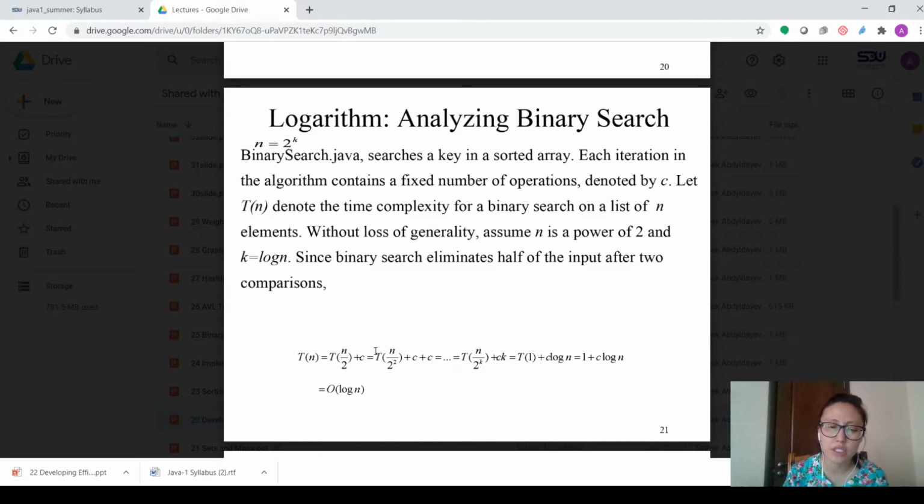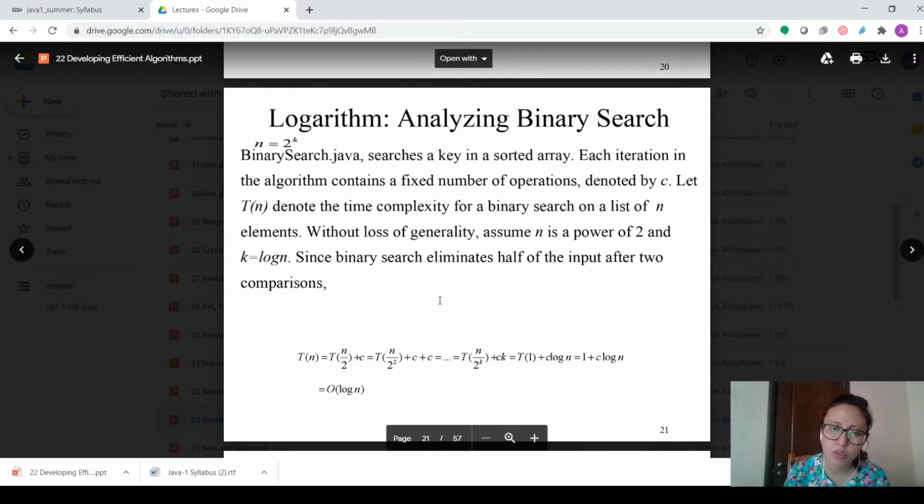Here it will be T(n/2^2) and then T(n/2^k) for some k. This is performed like this, and if we open this function, then we will have T(1) plus some constant times log n. It will be 1 plus c log n.